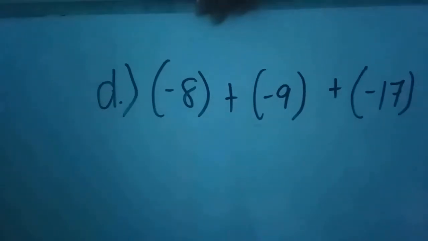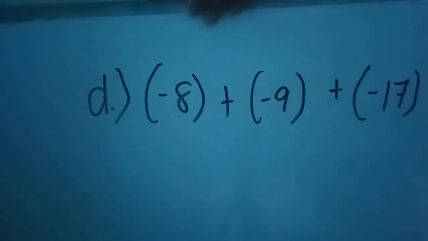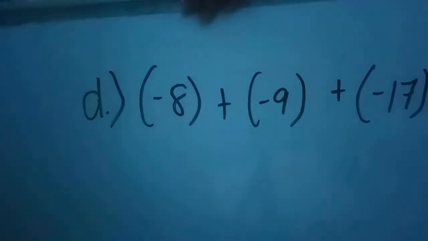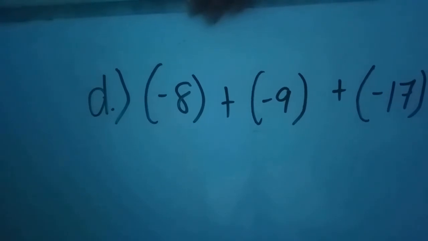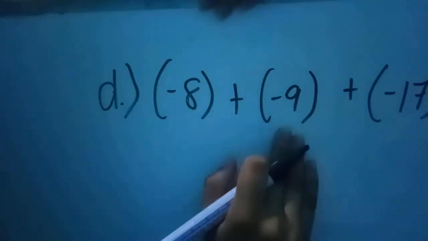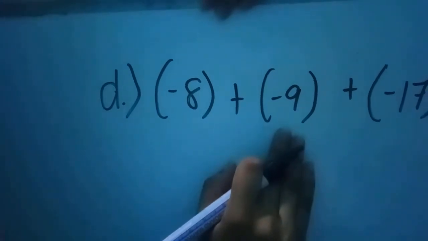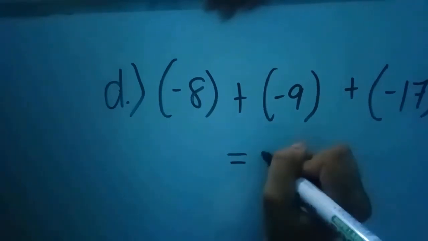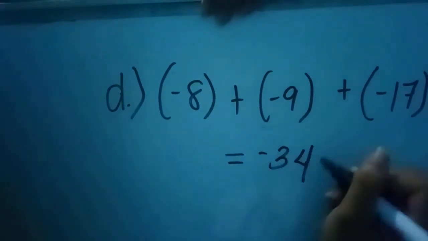Another example, we have negative 8 plus negative 9 plus negative 17. They are both like signs with negative sign. Therefore, we're going to add. So negative 8 plus negative 9 is negative 17. Negative 17 plus negative 17 is equal to negative 34.